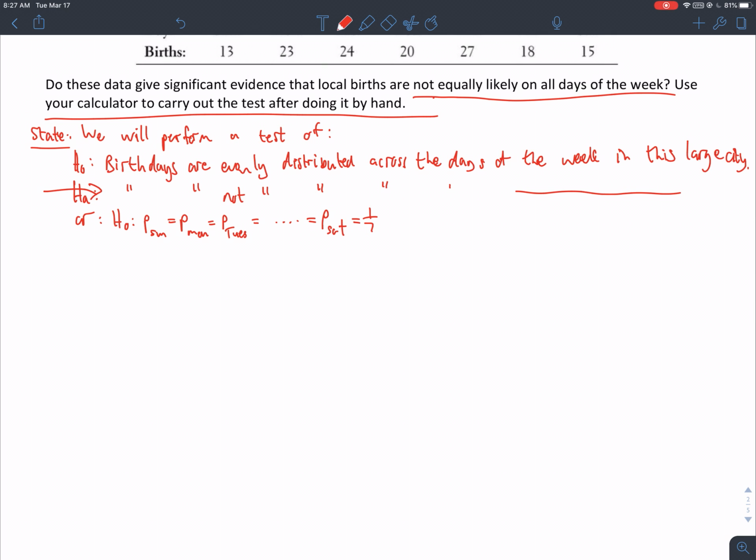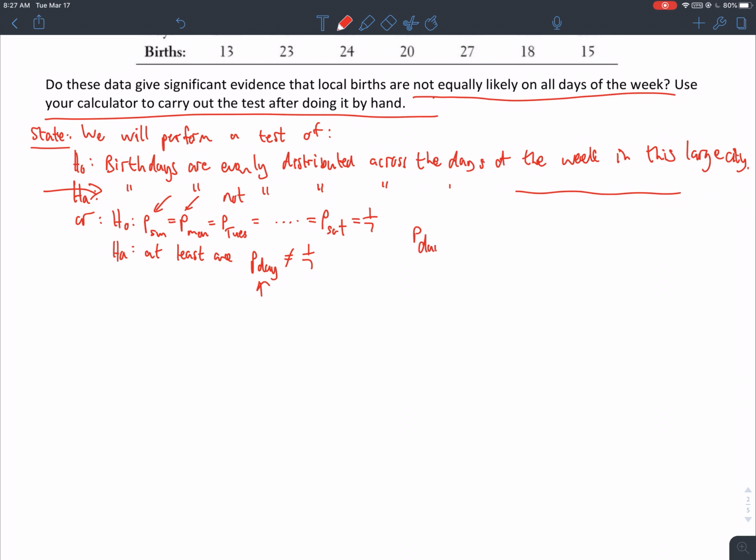Okay? And then the alternative hypothesis is at least one P sub day is not equal to 1/7. Okay? And then since I did this, I have to define it.